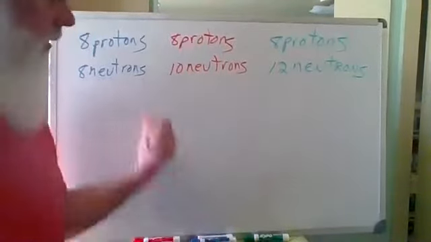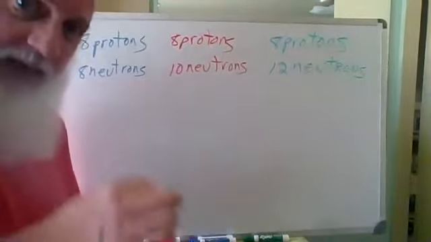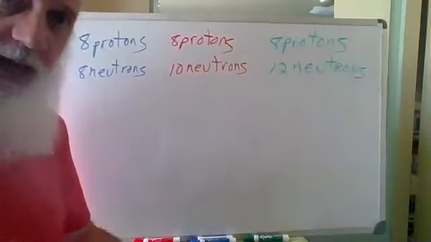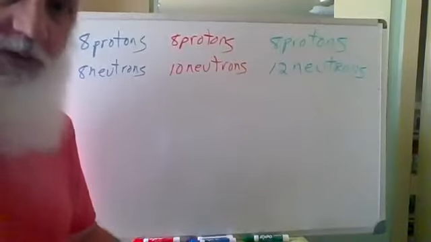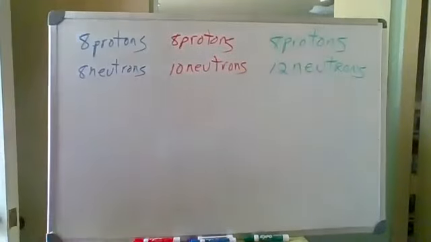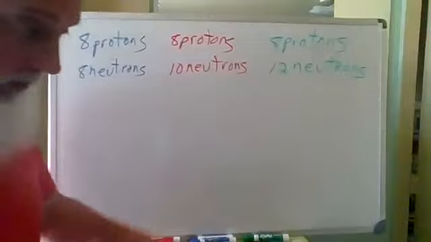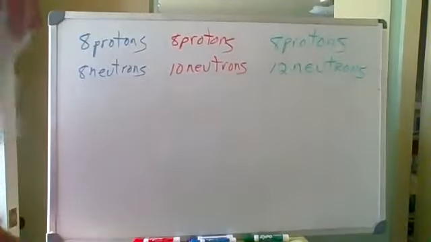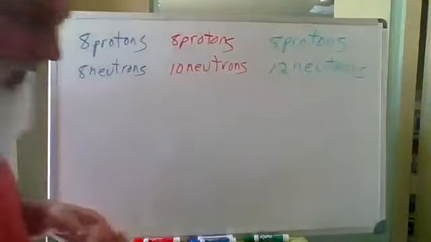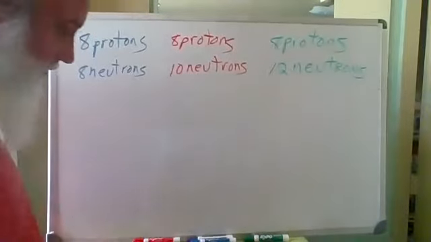The neutrons are tucked away in that tiny nucleus in the center of the atom. So the number of neutrons does not affect chemical reactions whatsoever. Isotopes are extremely important, and if we have some time, we'll talk about this a little bit. I might have to wait till next class, though. They're really important in medicine.